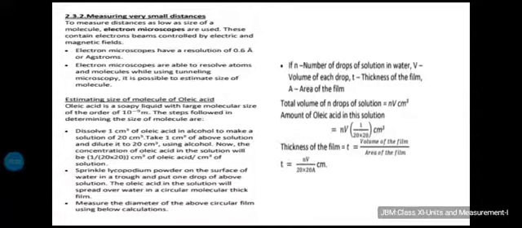If this spreads to form a film of area A centimeter square, then the thickness of the film t is given by volume of the film divided by area of the film. So t will be equal to nV divided by (20 × 20 × A) centimeter. So if we assume that the film has monomolecular thickness, then this becomes the size or diameter of a molecule of oleic acid. The value of this thickness comes out to be of the order of 10 to the power minus 9 meter.